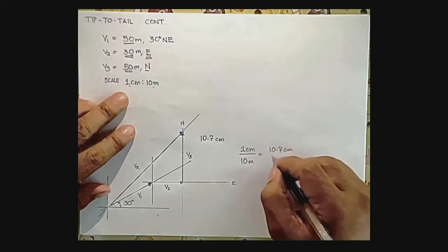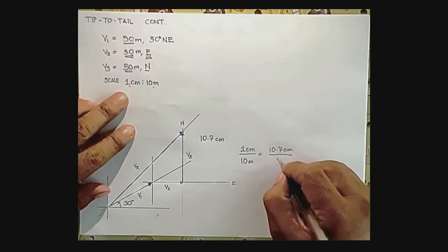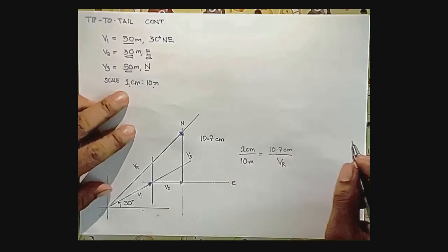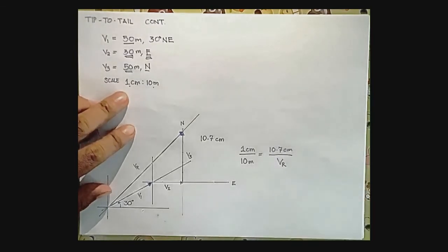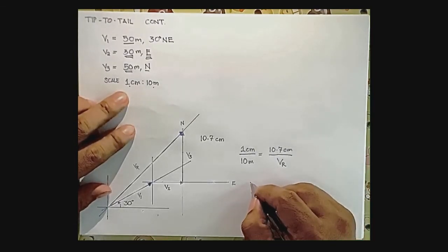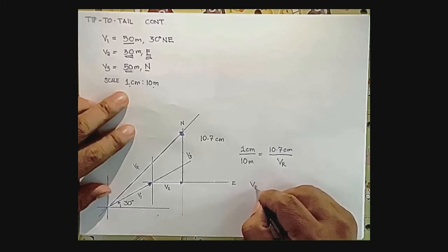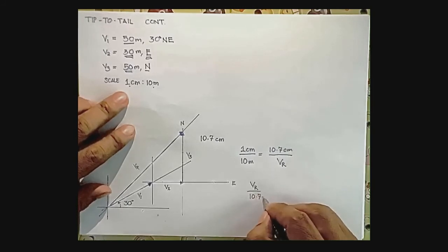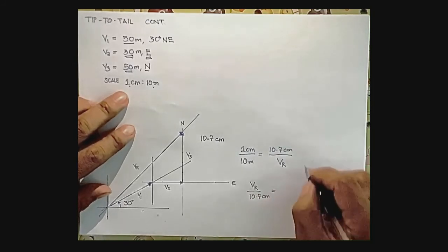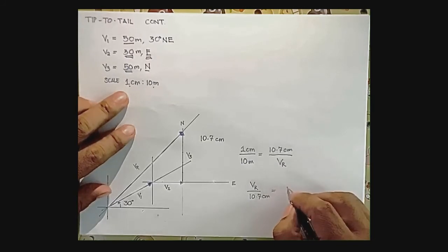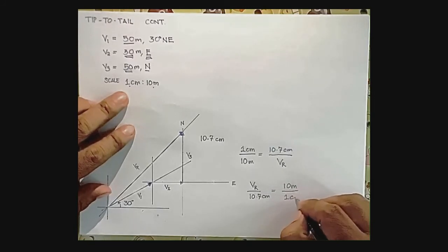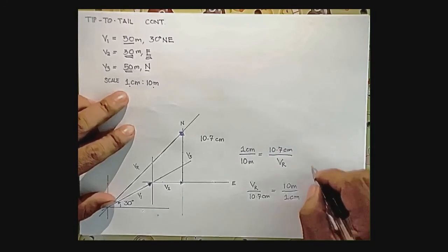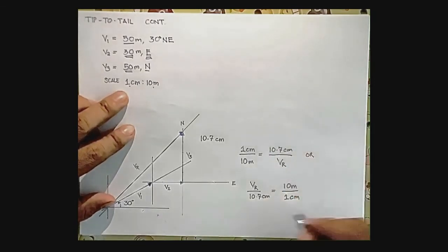That should be equal to the value of vector r in meters. Or you can also rewrite it as vector r is equal to 10.7 centimeters. That will be equivalent to our scale, which is 10 meters over 1 centimeter. Okay. So I want to remove the centimeter there.